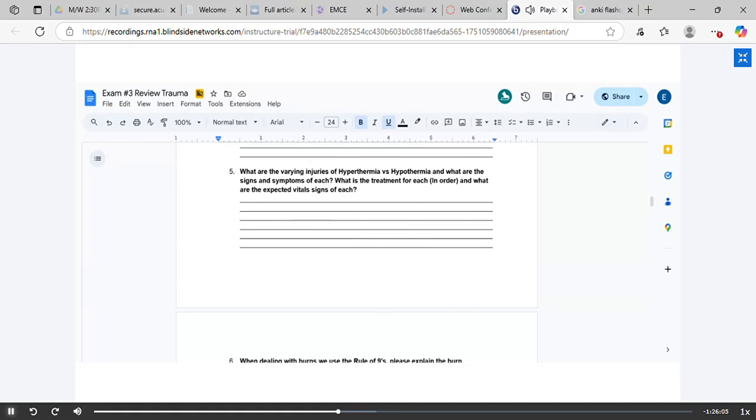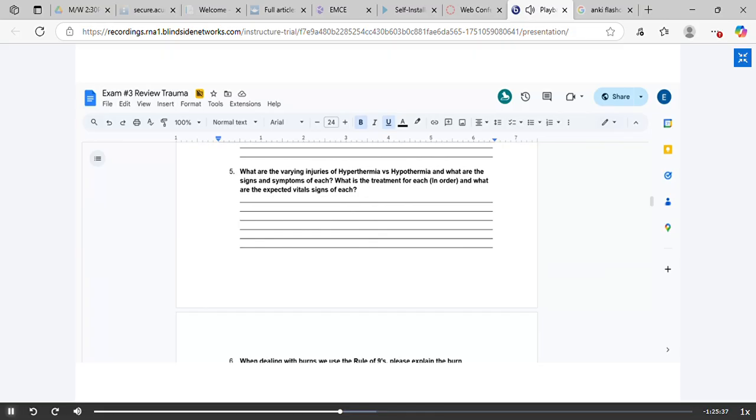When you're talking about hypothermia, you can think of it as heat loss exceeding your heat gain. You're losing too much heat and not able to keep up with the heat loss. Your core temperature is going to be falling and dropping below certain levels, and we'll talk about different levels and signs and symptoms you might see.